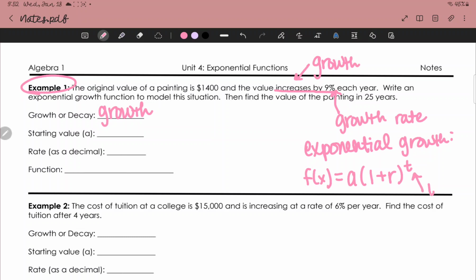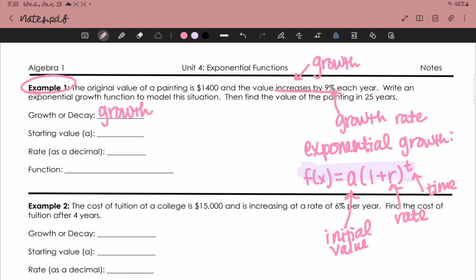I'll put that on here: time, rate, and initial value. Since that is the function I'm supposed to be using, I need to identify my initial value, my rate, and how much time I need in order to figure out what they want.